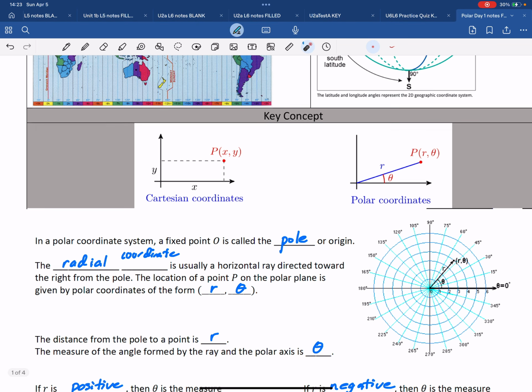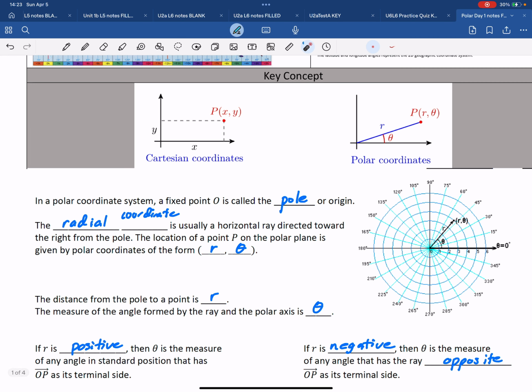So, here's some definitions. The fixed point, what we previously called the origin, is known as the pole. And then the radial coordinate, you guys can read, but it's a horizontal ray, right? It's actually a segment from the pole outward, okay? And if we have those 2 things, the distance away from the pole and the angle of rotation, we can arrive at the same point.